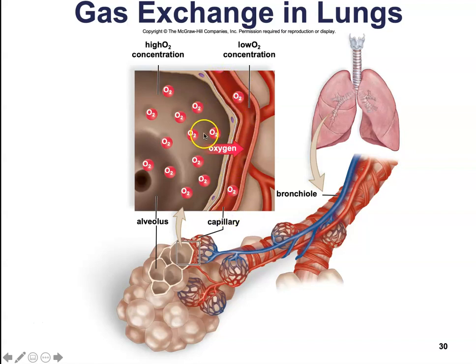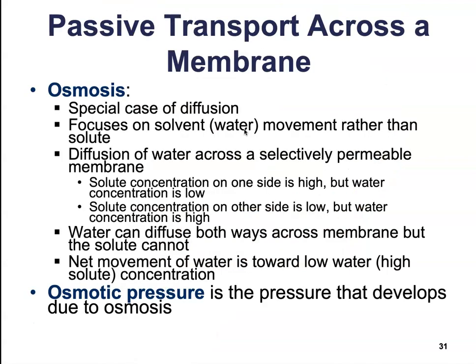Oxygen will move along its concentration gradient purely by diffusion and end up in the blood vessels, in the red blood cells. It just moves by diffusion across the membrane because it can diffuse readily across the membrane. So, a simple concept for a seemingly complex process. Like I said, we're going to mostly be talking about movement across a membrane.